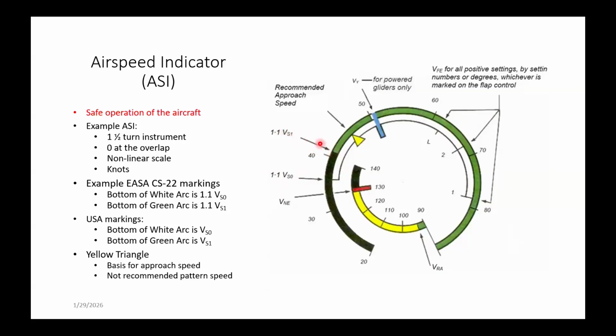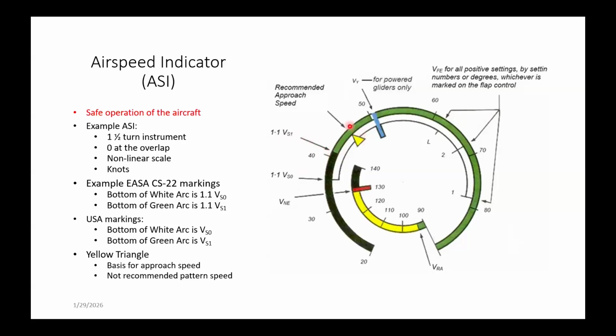So this is in your normal flight configuration for a 1G stall. Okay. In US markings, the bottom of the white arc is VSO, and the bottom of the green arc is VS1. So you can see that there's already a difference there in the philosophy for laying out the instrument.